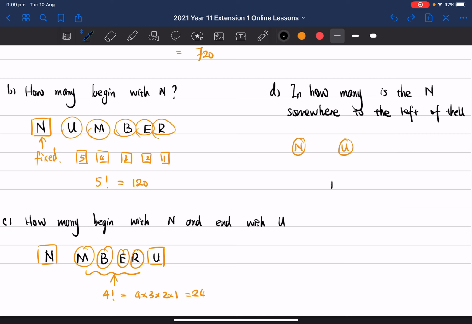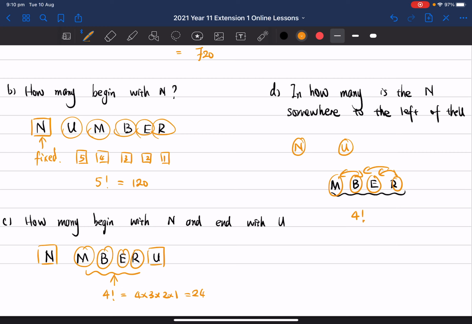Let's look at the rest of the letters. We've got M, B, E, R. With these four letters, the rearrangement is 4 factorial. We know that, right? We can rearrange those 4 letters around in different positions, so that's 4 factorial ways of rearranging them.